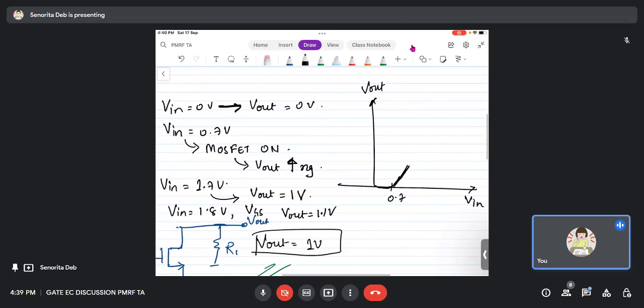And once V in is 1.7, V out reaches 1 volt. After that, even if V in is increased, V out cannot increase beyond that point. If V out increases after that point, the drain and source interchange and again V out is at 1 volt. So you see V out is saturated at 1 volt. So analyze this question after the class. Please analyze it.